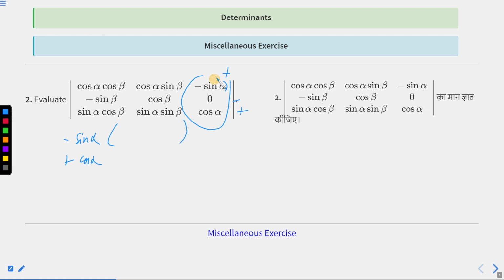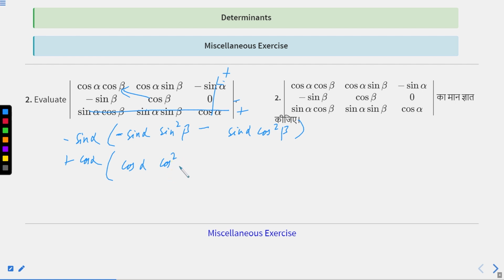Now eliminate this, you will have this multiplied with this, means minus sin alpha sin square beta. Now this multiplied with this, minus of sin alpha cos square beta. Now eliminate this. So cos alpha multiplied with cos square beta.